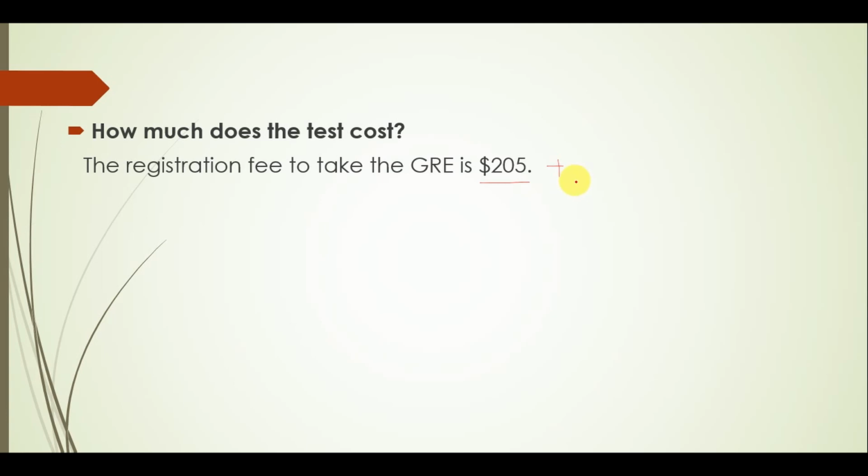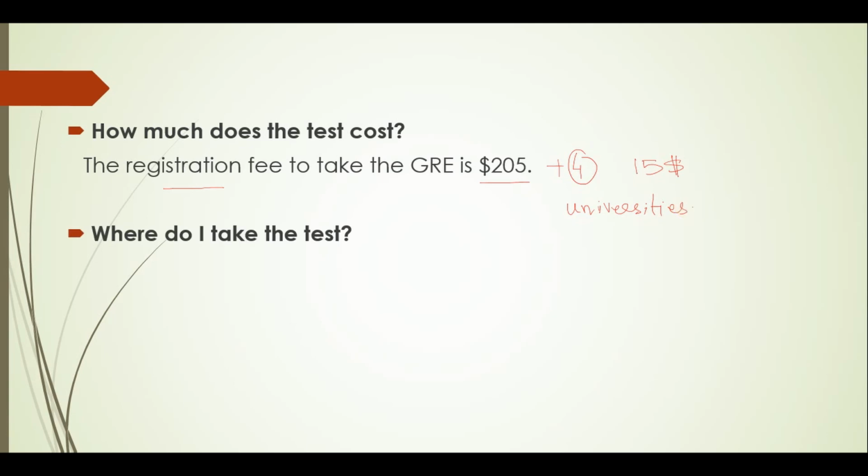If you want to send your scores to any additional universities, you have to pay an additional amount of $15 per university. So remember, the 205 fee includes the registration fee plus the test distribution fee to 4 universities of your choice. Alright.